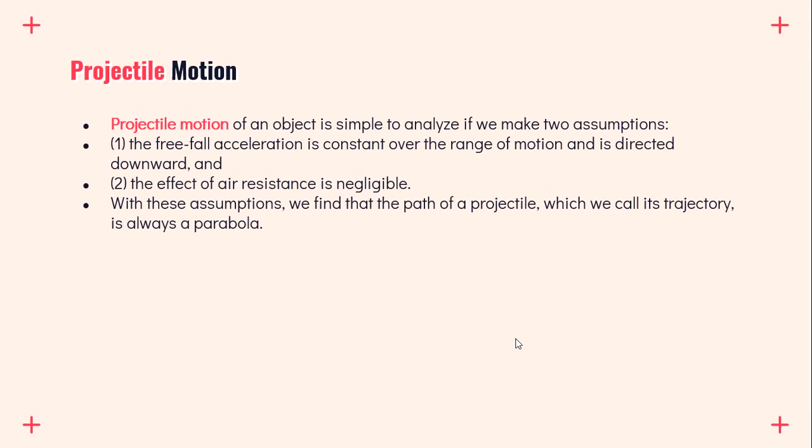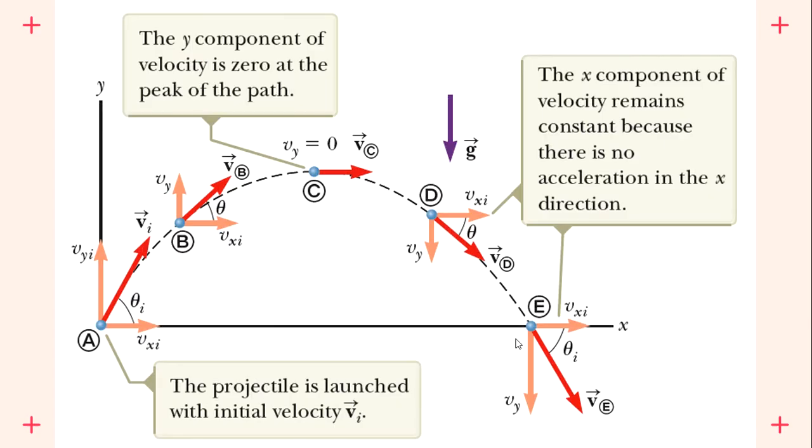But for the sake of simplicity, we're going to proceed with these assumptions. So in this figure, we have the path of a projectile. The y component of the velocity is 0 at the peak of that path, so we have to remember this. At the maximum height, the y component is 0, but the x component is not.